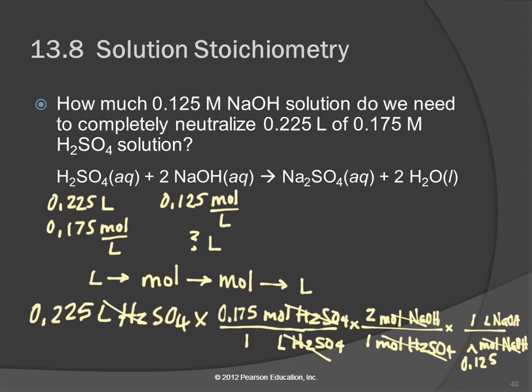What a mess. So then we get out our calculator, 0.225 times 0.175 times 2 divided by 0.125 equals. And the calculator says 0.63. But how many significant figures should that number have?